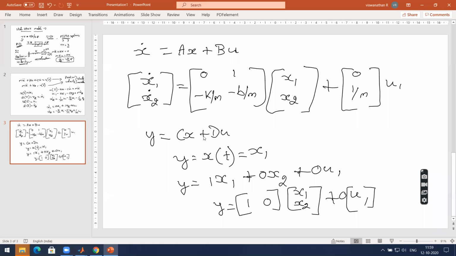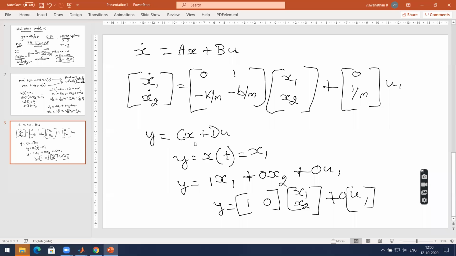So what you understand from these two equations, x dot is equal to Ax plus Bu and y is equal to Cx plus Du, is that A has the information about how the system is going to behave, the dynamics of the system, and B consists of the input to the system. Cx consists of how the system is going to affect the output, and D tells how the feedback input is going to affect the output.